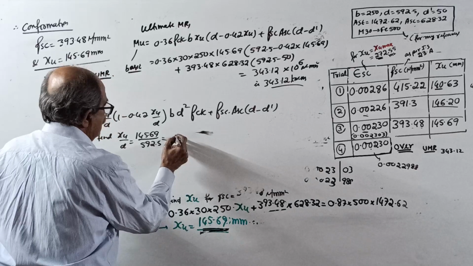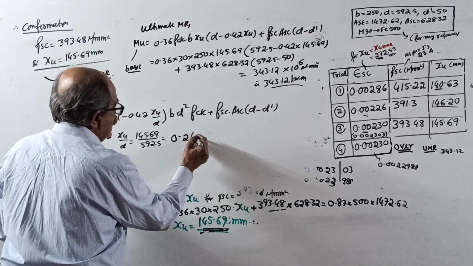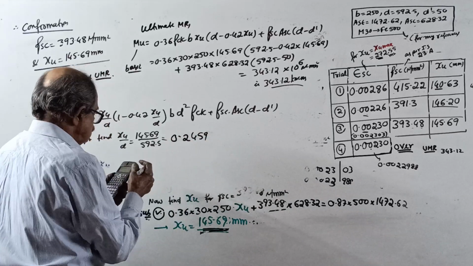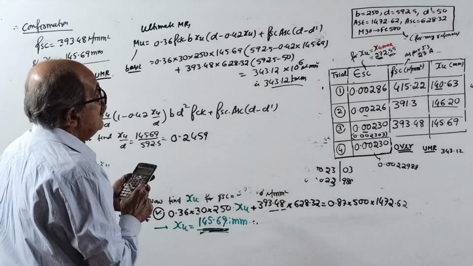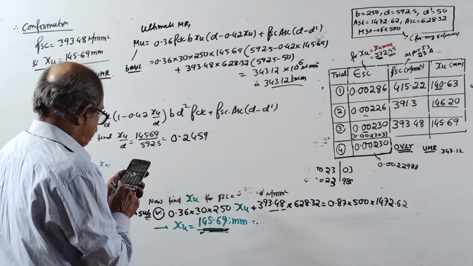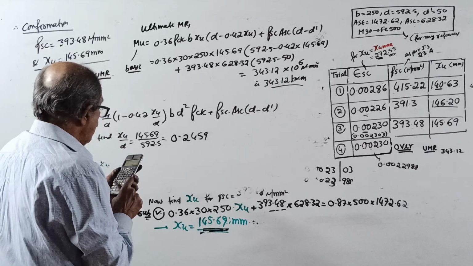Let's check once again. 145.69 divided by 592.5 is 0.2459.